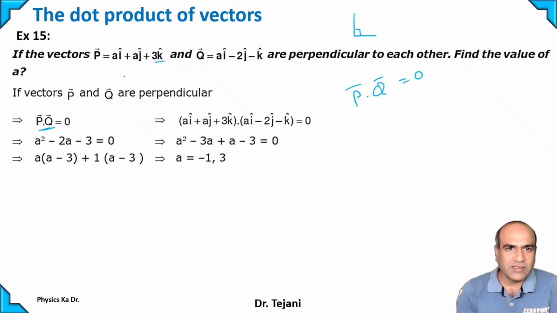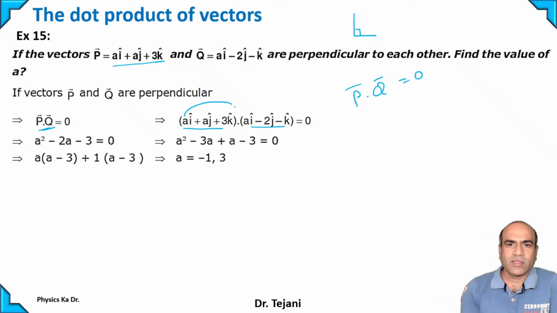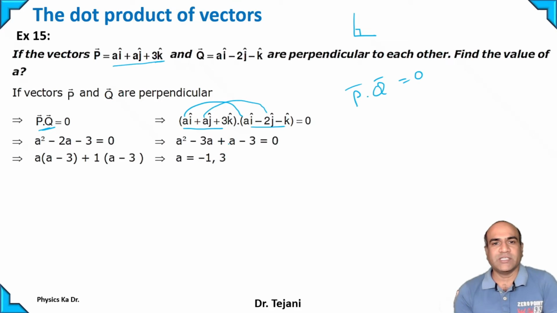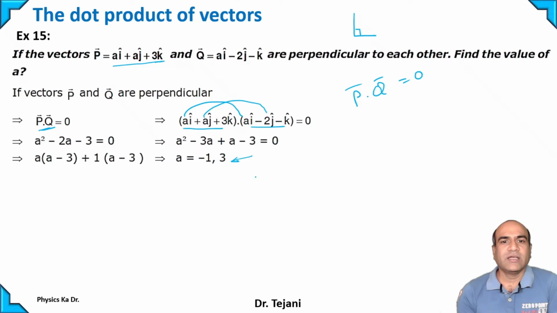So that means a vector dot another vector is equal to 0, and we know that multiplication gives a squared. This is minus, multiplied by this j. Ultimately you will get the solution and you can find it. A is equal to minus 1 comma 3, like that. A similar solution you will have.